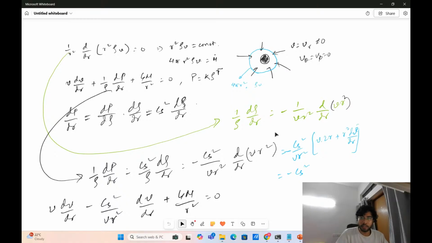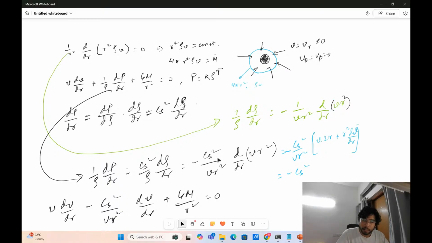Okay, there is one rho missing over here, right? No, I think that's fine. This is coming from the continuity equation, 1 by vr square d/dr of vr square.